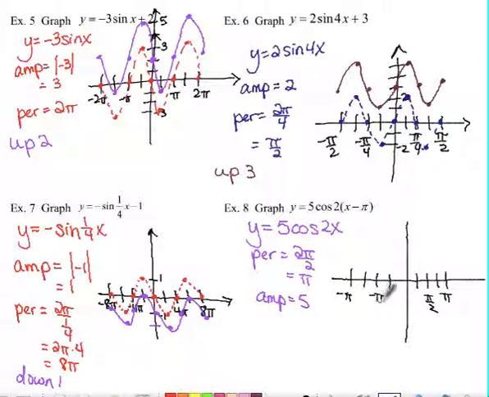So halfway is pi over 2. So now what's interesting about this one is the shift. So cosine is going to start at 5, go down to 0, negative 5, 0, back to 5. This one's dashed.